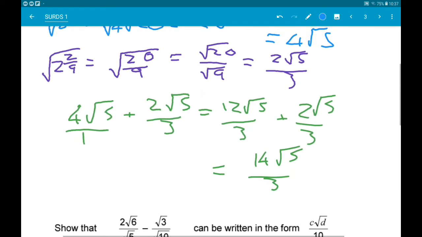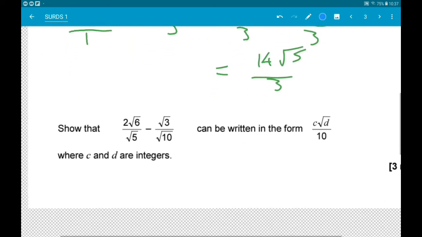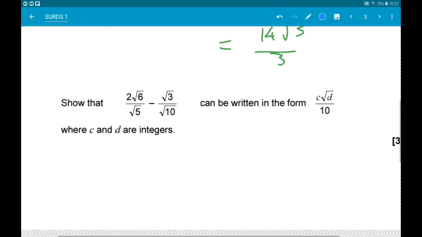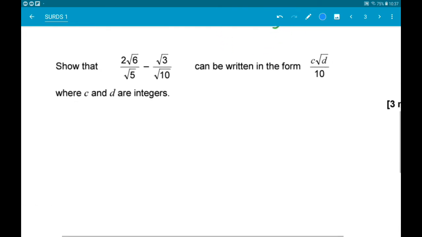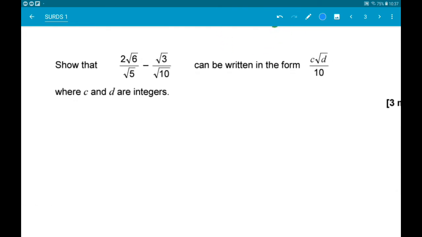Okay, then next up we want to show that 2 root 6 over root 5 minus root 3 over root 10 can be written in the form c root d over root 10, where c and d are integers. So again, deal with each part separately.